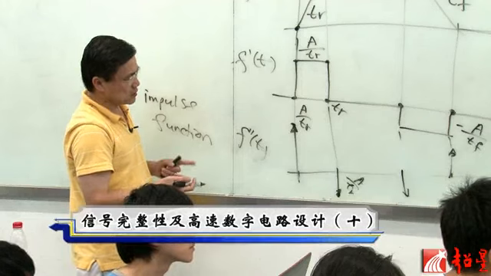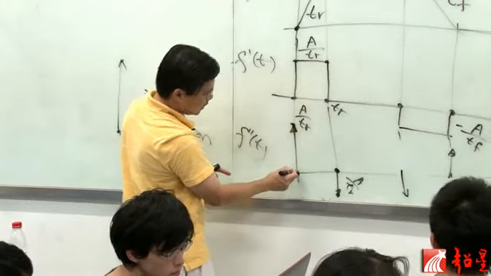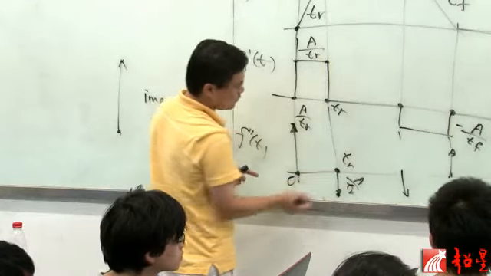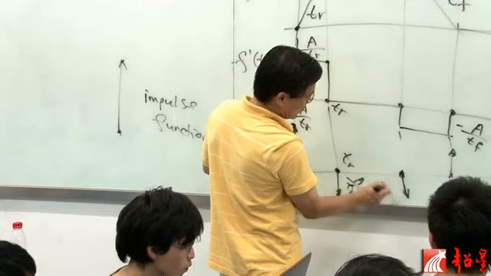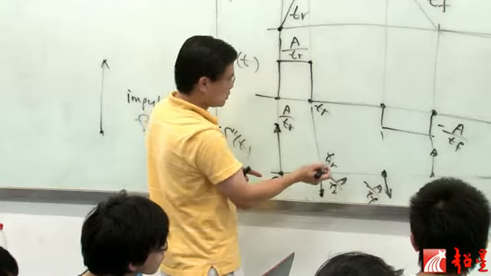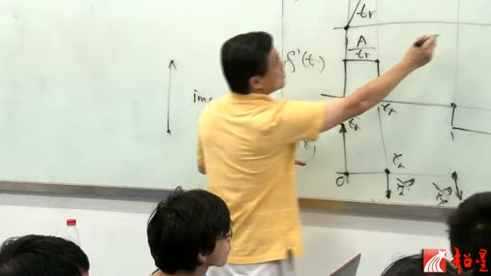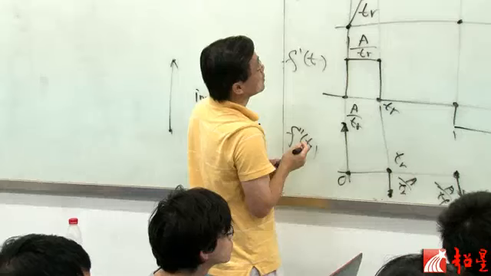The only problem is the delay time. Of course, this is time 0, this is t sub r, and over here it's negative A over t sub f. The time is a little bit hard to describe.